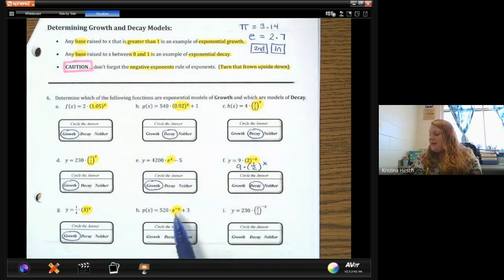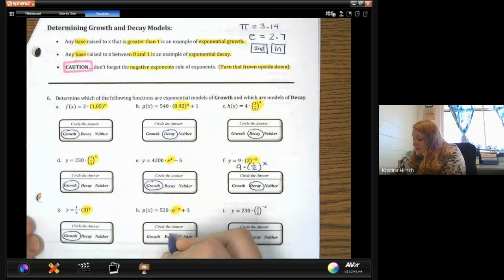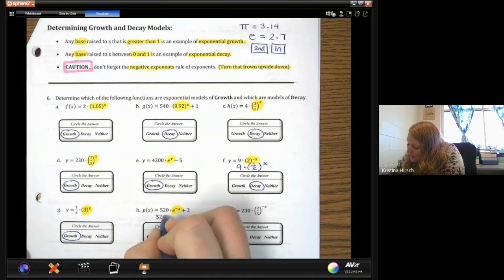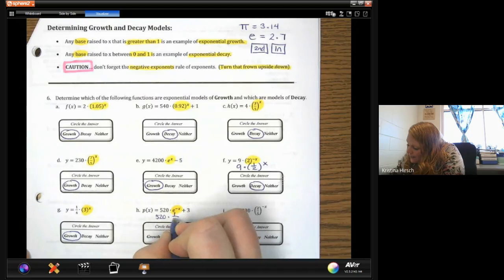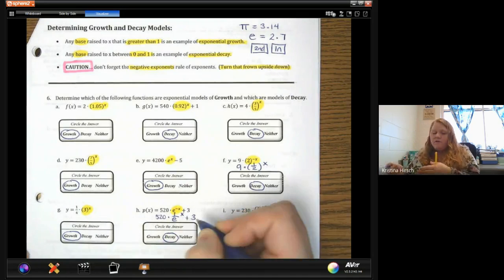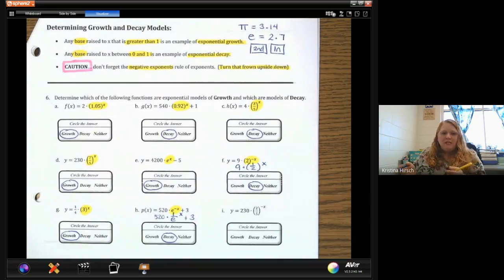But because of that negative exponent, I'm like, nope, just kidding. It's really going to be decay. That's because when I turn that frown upside down, this would be 1 over e to the positive x power. And 1 over e, 1 divided by 2.7-ish, is going to give me a decimal less than 1.